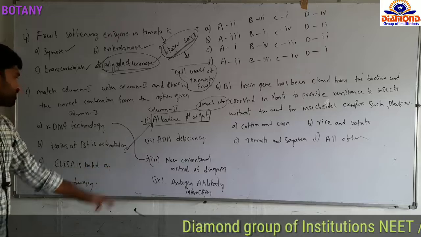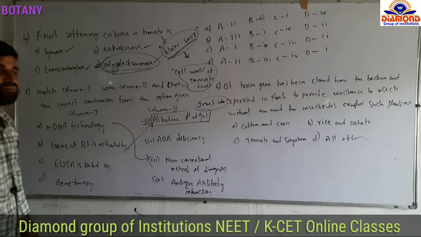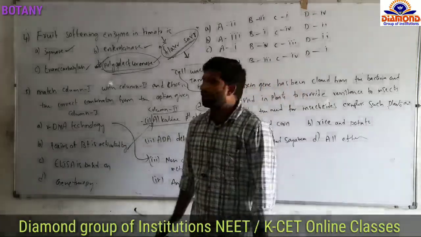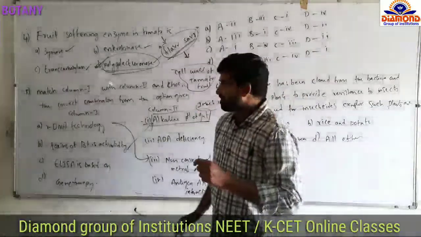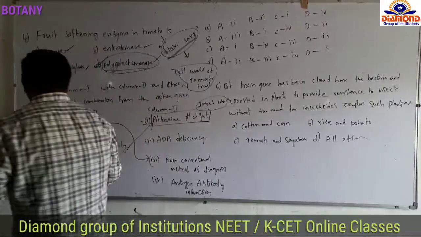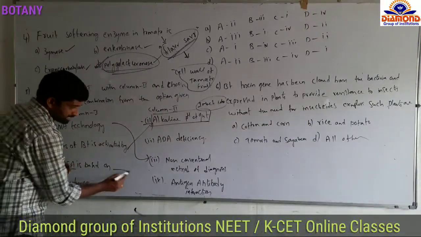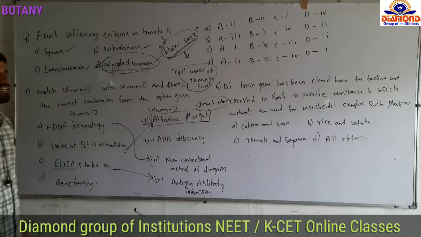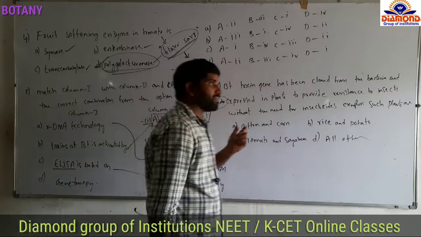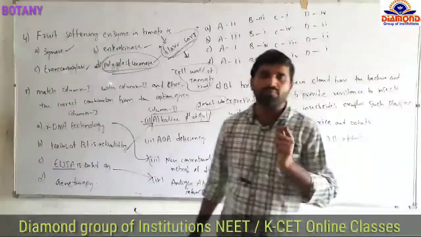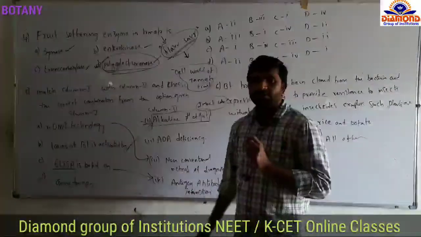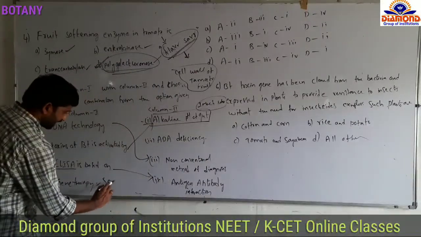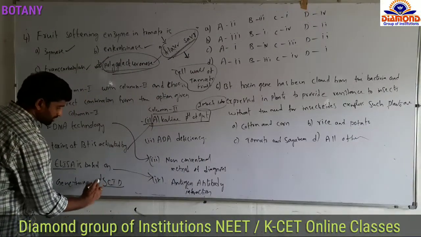And ELISA is based on enzyme linked immunosorbent assay. At the time of diagnosis of diseases in early conditions, we use the ELISA test. The ELISA test is based upon antigen and antibody interactions. And the last one is gene therapy: removing the faulty genes from the organism and adding functional genes. An example disease for gene therapy is SCID, severe combined immune deficiency disease.